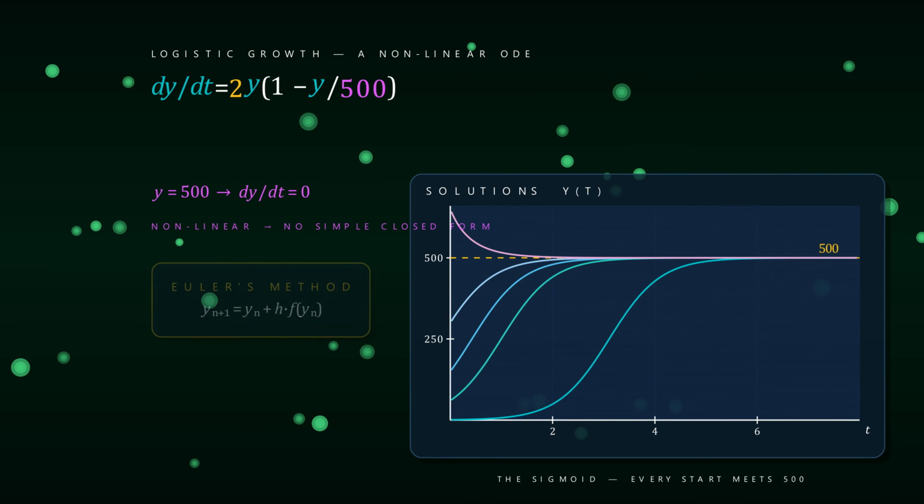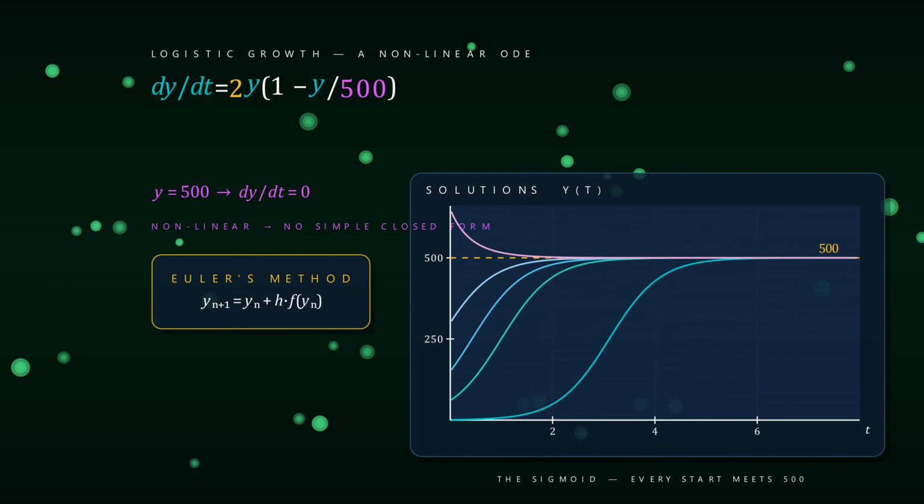We can use numerical methods, like Euler's method, to approximate solutions. Starting at the initial condition, 0, 1, we step forward with step size h equals 0.5. The next value is the current value plus h times the rate of change at the current point.